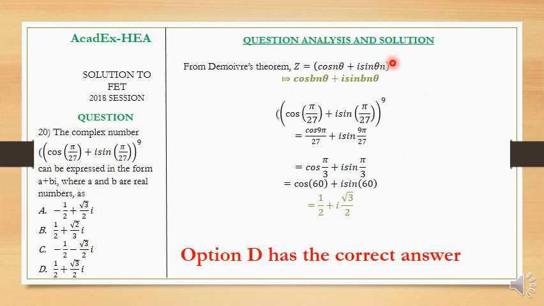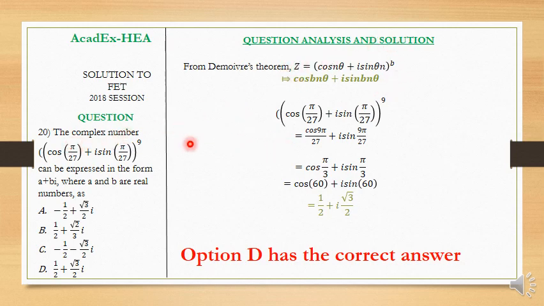That means the power can simply drop and multiply the theta in the real and the imaginary part. That's the principle that we are going to use to solve this problem.